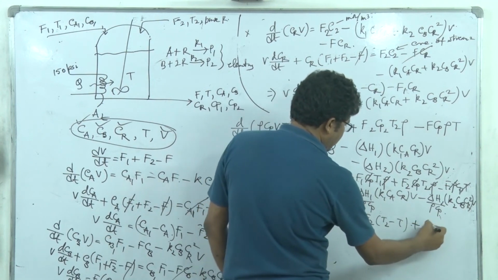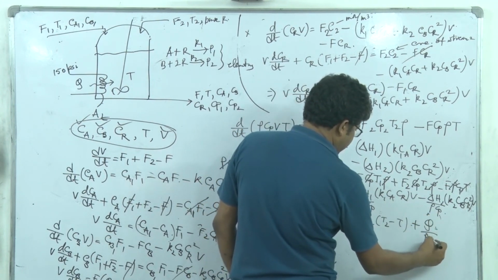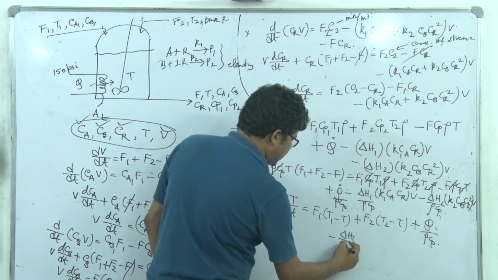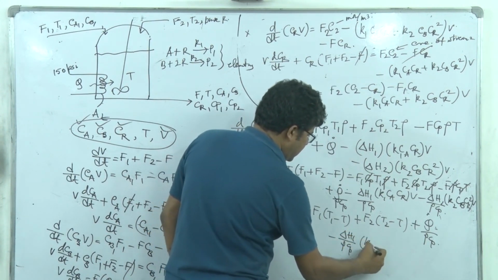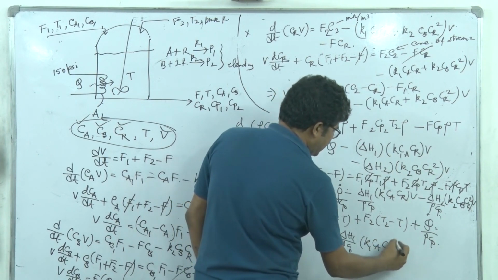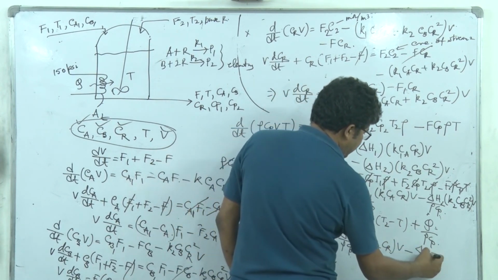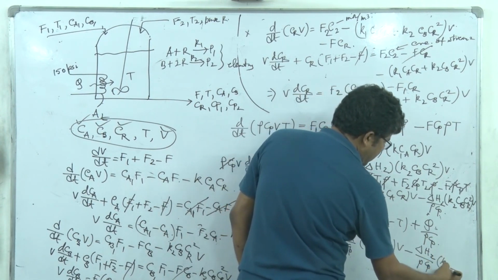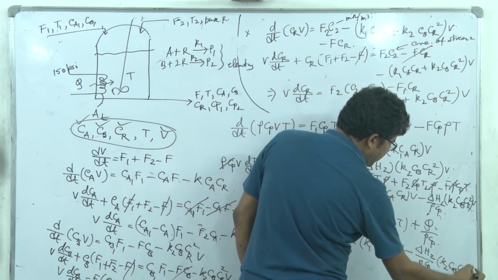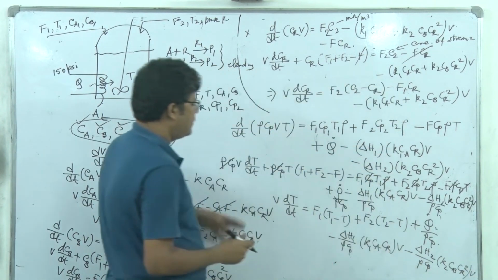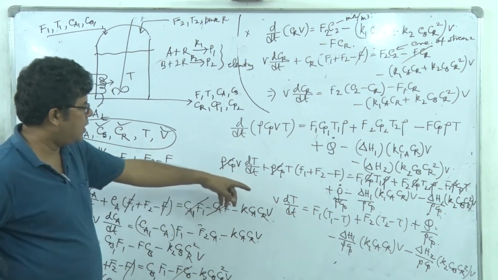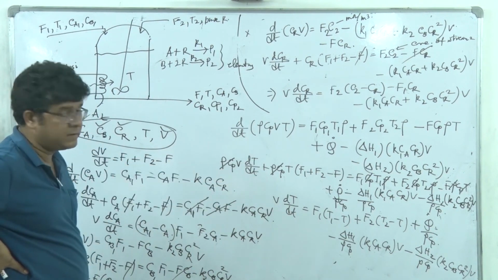So plus Q dot divided by rho Cp minus delta H1 divided by rho Cp into K1 Ca Cr whole bracket V minus delta H2 by rho Cp K2 Cv Cr square into V. So you see that here we have got the final energy balance.